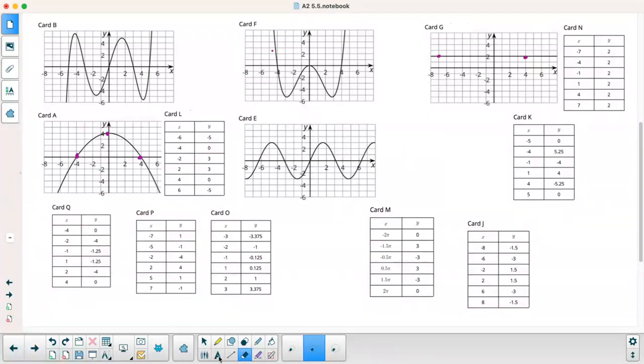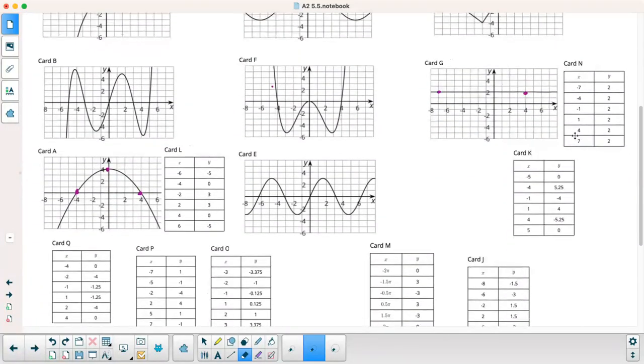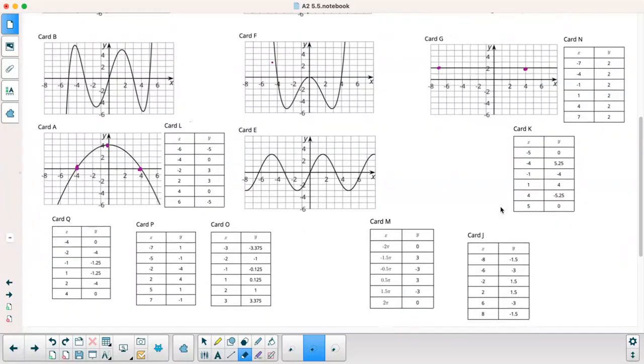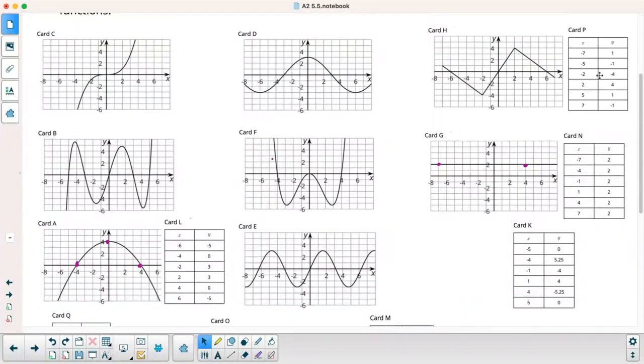All right, let's find another one here. 2, 4. Any of these have 2, 4? Here's a 2, 4. Let's check this one. See if this one matches. I'm going to check the points.